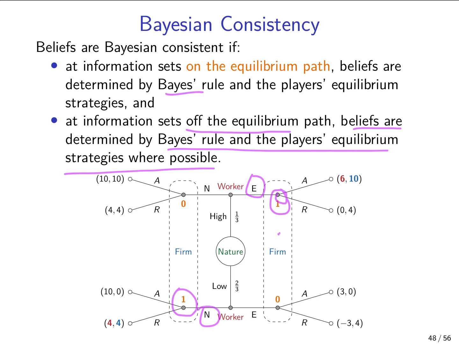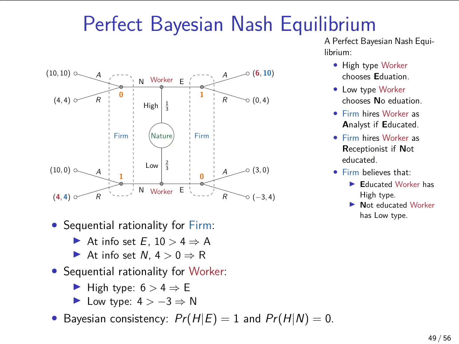Sometimes it may not be, and in that case that's fine. Basically it means that the belief has to be consistent with how the players played their strategy in equilibrium, by applying Bayes' rule. So that's Bayesian consistency.